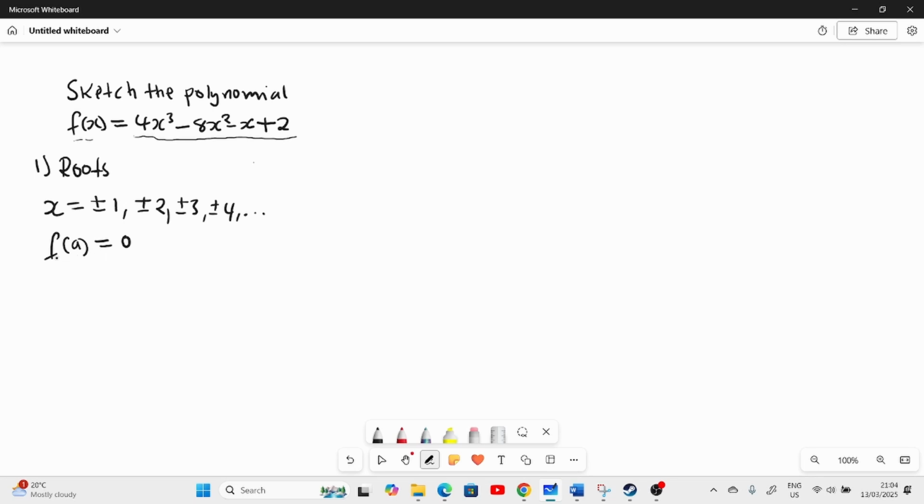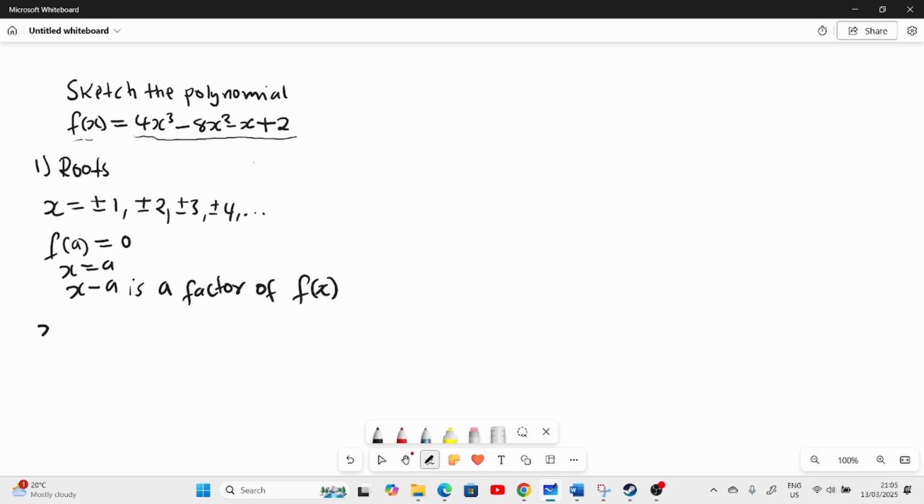Then it means for that value of x, say a, then x minus a is a factor of the given function f of x. So we'll be looking for this value of x, such that when you substitute in the given quadratic polynomial, we should get a 0. So let's start. We'll start from 1 or negative 1, then positive 2 or negative 2.